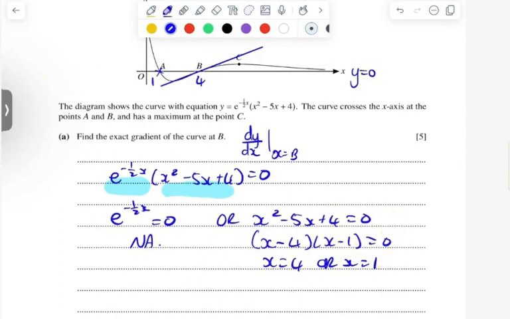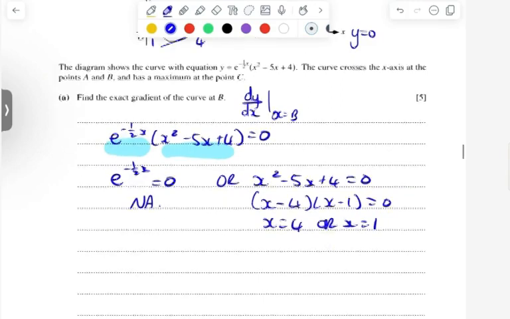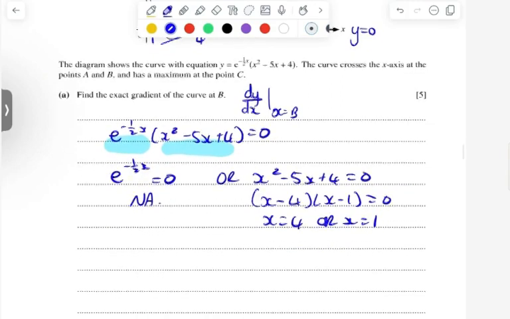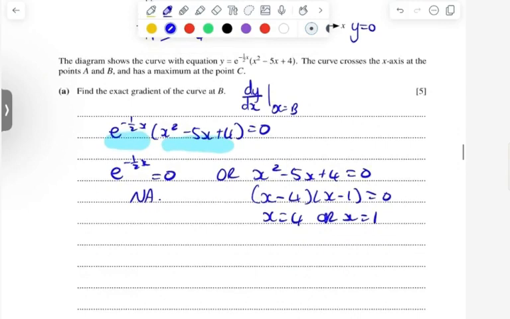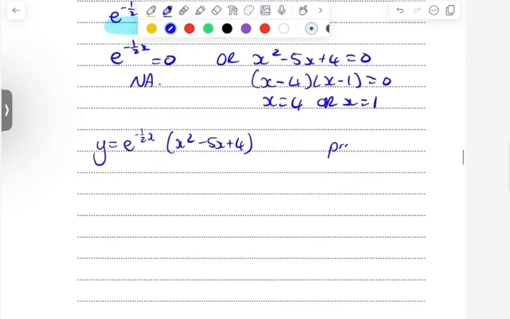Now we know where we are looking for this answer. Let's keep going and find the gradient. So now I'm just going to rewrite my formula: x squared minus 5x plus 4. We need to use our product rule. So you need to find uv on your MF19.